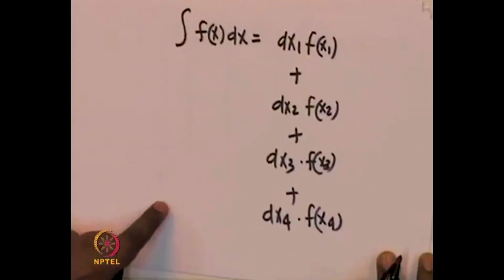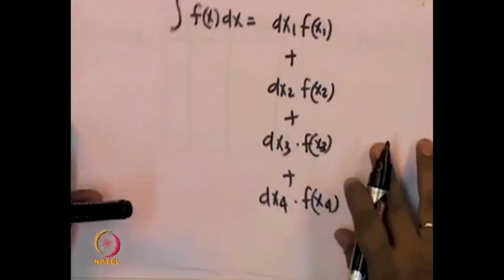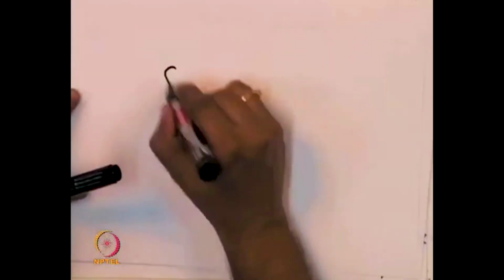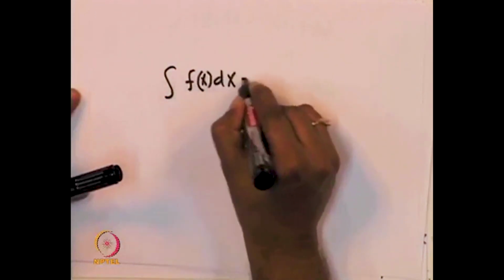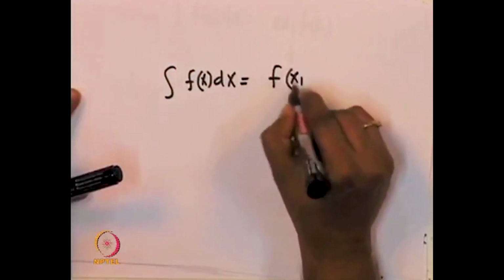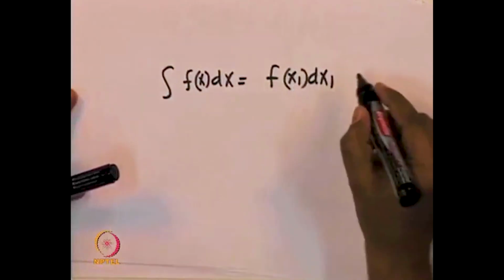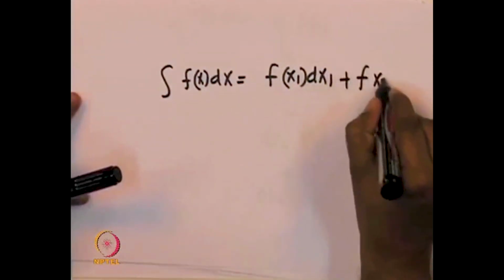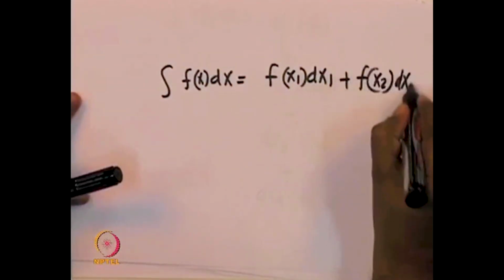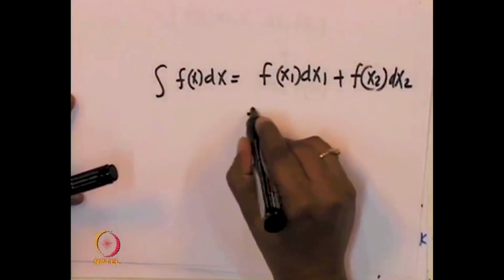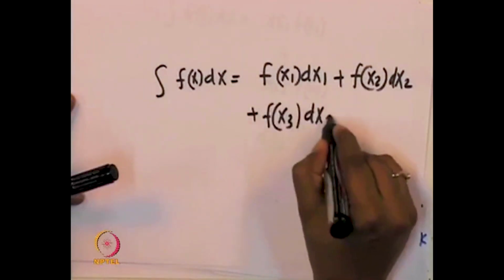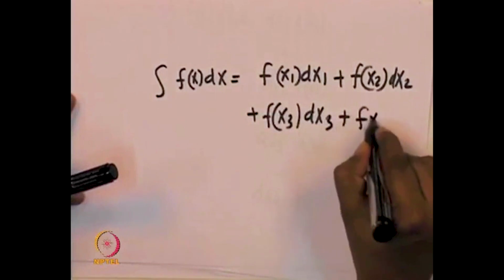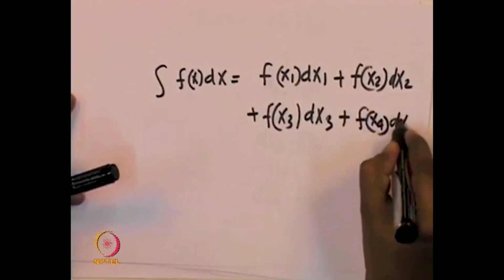So integral f of x dx is f at x1 dx1 plus f at x2 dx2 plus f at x3 dx3 plus f at x4 dx4.